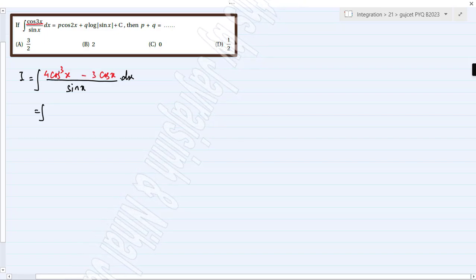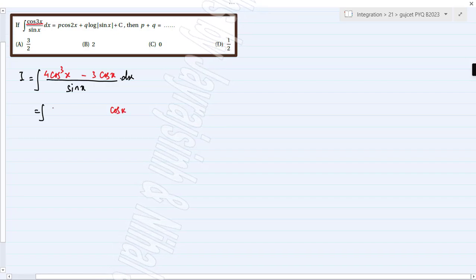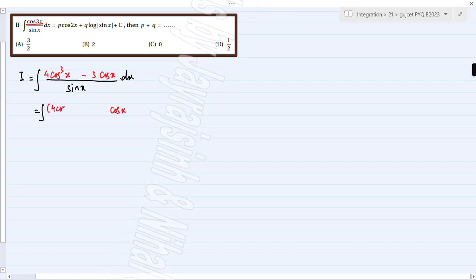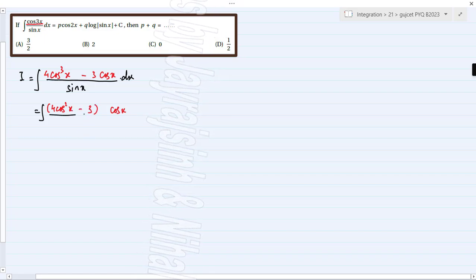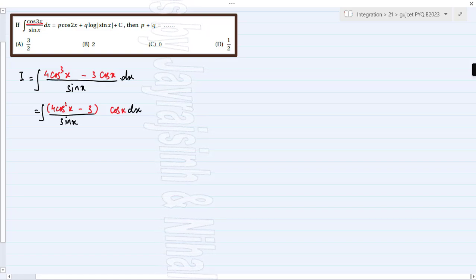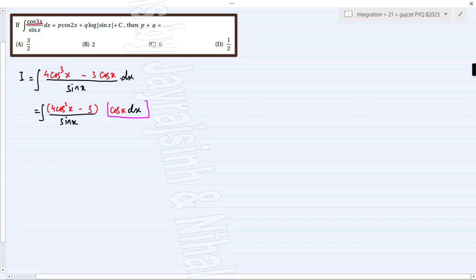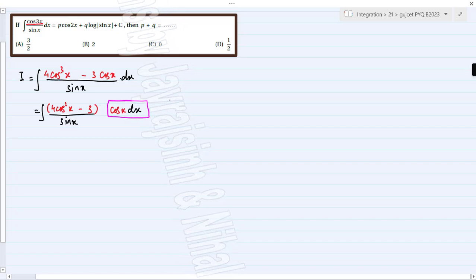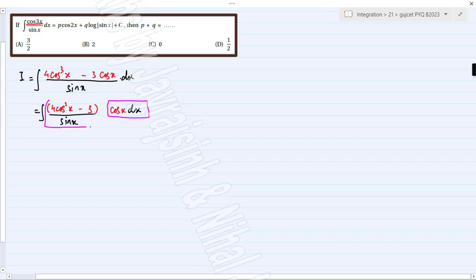Now from the numerator we can take cos x common, so the remaining terms will be 4 cos square x minus 3, whole divided by sin x dot dx. Now this cos x dx suggests that we have to assume sin x equal to t, but we should get a function of sin x.